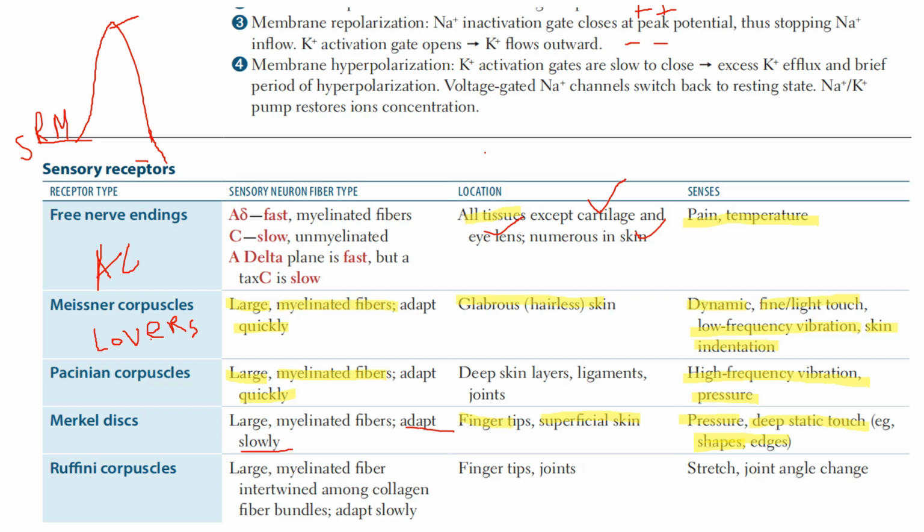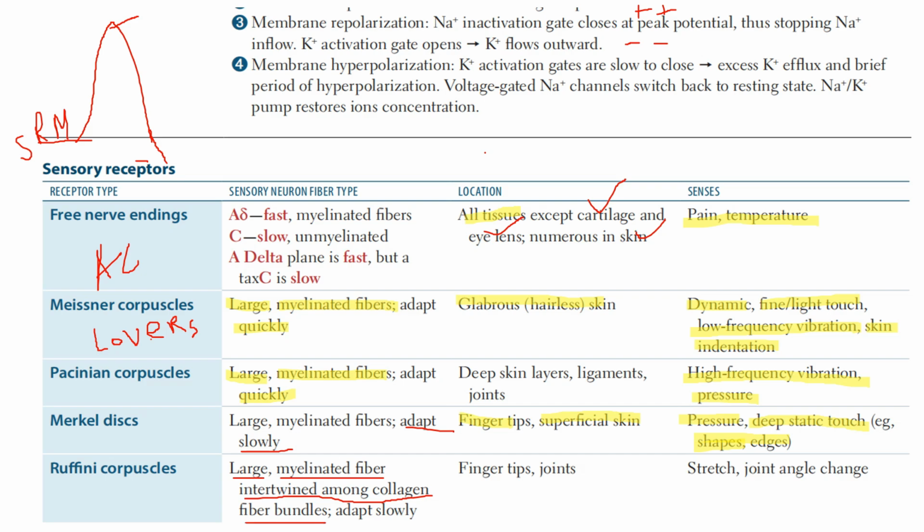Now we have Ruffini corpuscles. Here you will see that they are also large, myelinated fibers, but there's something different here. They are intertwined among the collagen, interconnected inside the collagen fiber bundles.